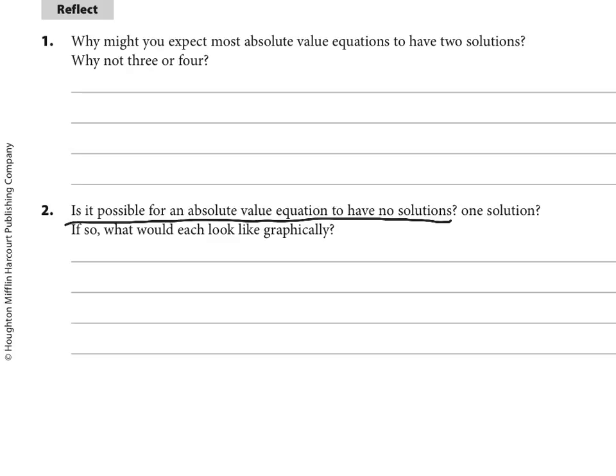I can think of one. It might look like this: here's my absolute value function, and here's my g of x. So there's two different functions here, but they're never going to equal each other. So that would be no solution. What about one solution?